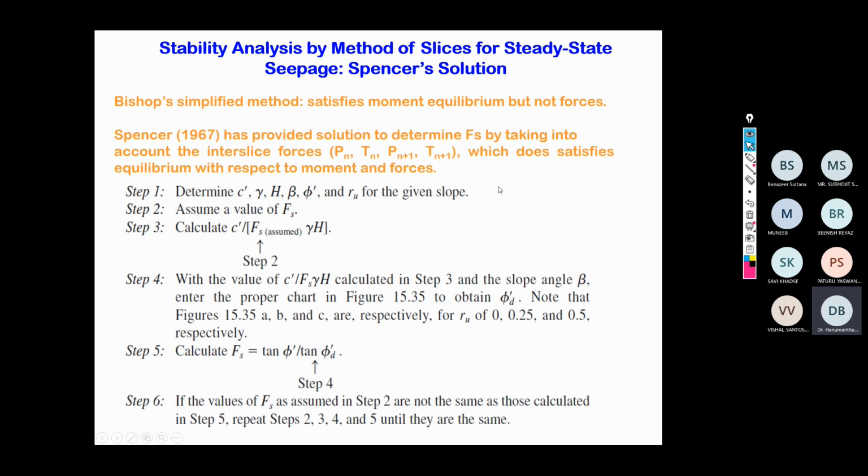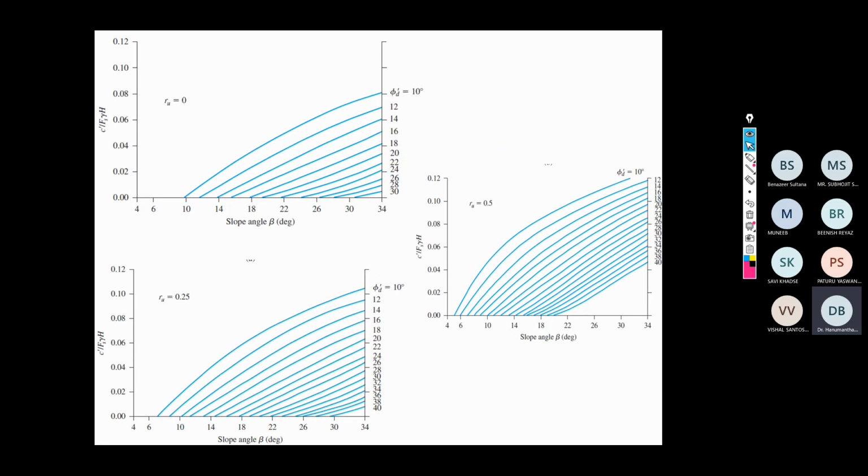This is another contribution by Spencer. These are the charts proposed by Spencer: c dash by Fs into gamma h for slope angle and for different ru, ru equal to 0, 0.25, 0.5, and for different friction angles.